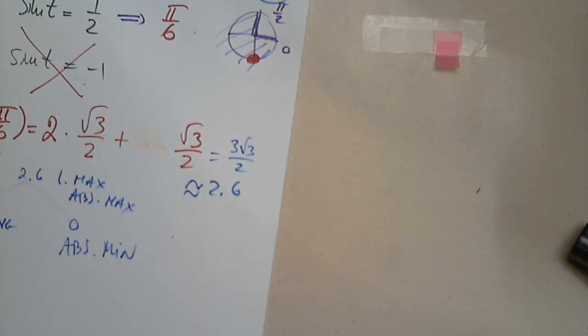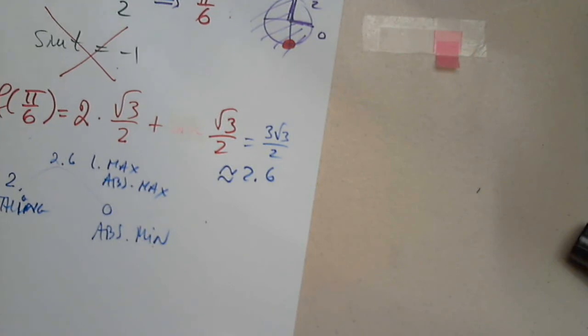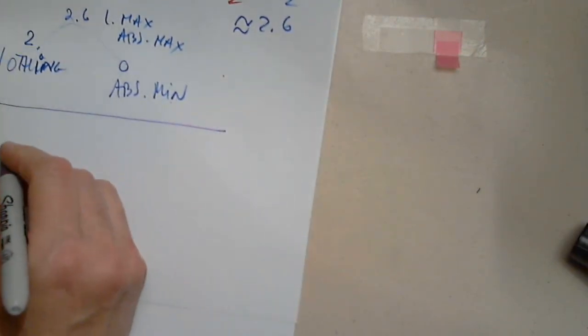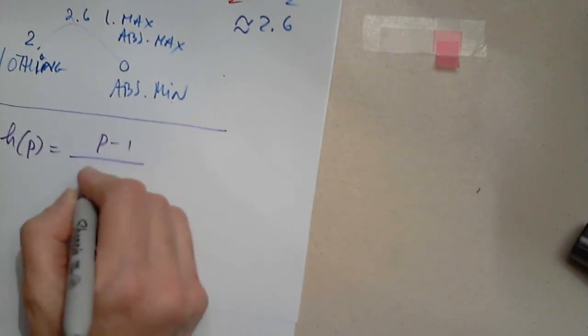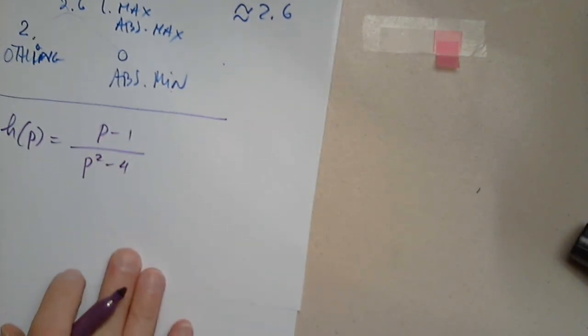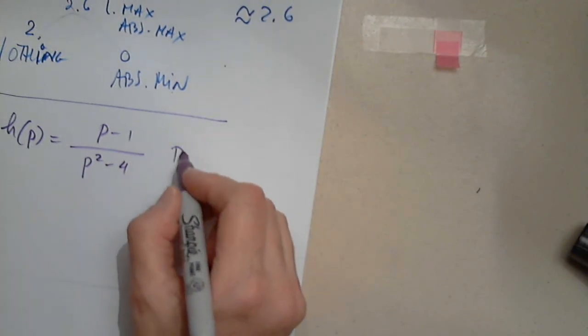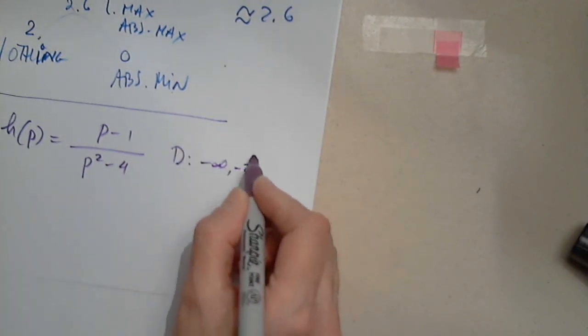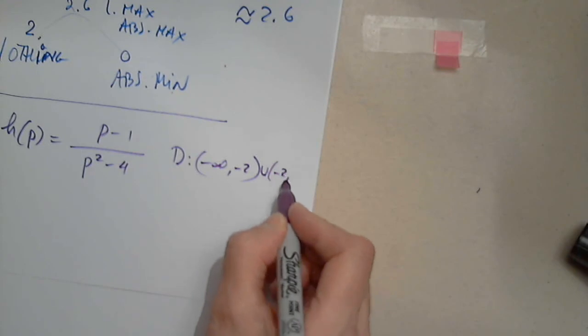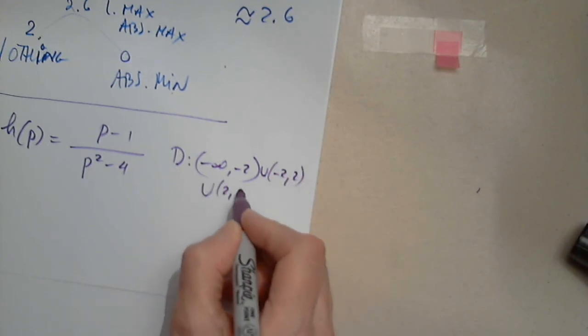That will not work because it's a very good question. Thank you so much for telling me that. So let's discuss that. If we go to h of p and put p minus 1 over, let's say, p squared minus 4, the domain of this function is negative infinity to negative 2, union negative 2 to 2, union 2 to infinity.